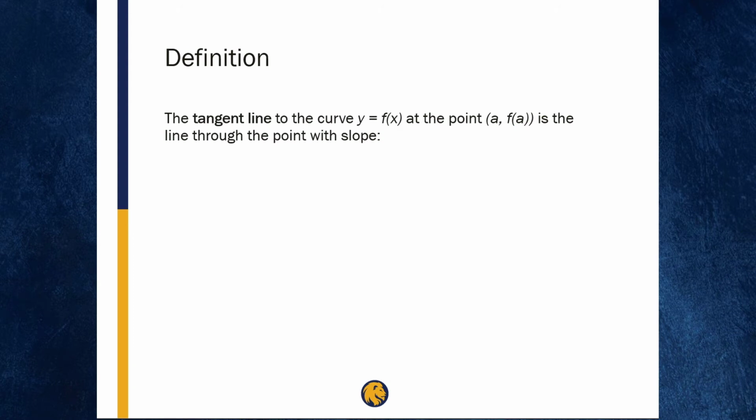Here's a definition then for the tangent line slope. The tangent line to the curve y equals f of x at the point A, f of A is a line through the point with a slope m equals the limit as x approaches A of f of x minus f of A all over x minus A. This is an alternative way of writing the notation I did in the last few slides.